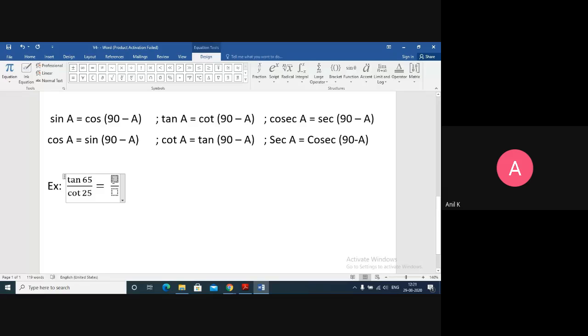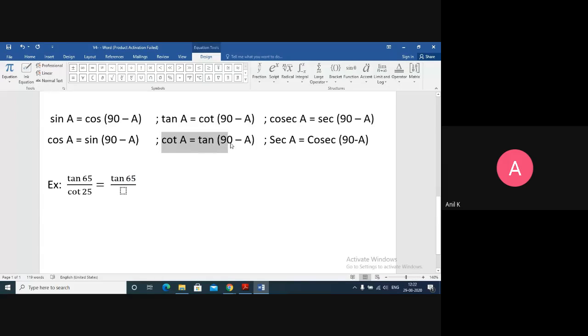When the sum of the two angles is 90, you decide whether you want to apply the formula in the numerator or in the denominator. Don't apply the formula in both numerator and denominator, it cannot be simplified. For example, I keep the numerator as it is, tan 65, and in the denominator I apply the formula. What is the formula of cot A?